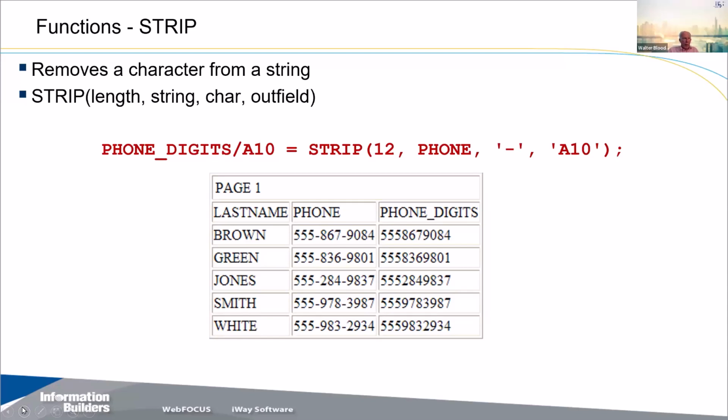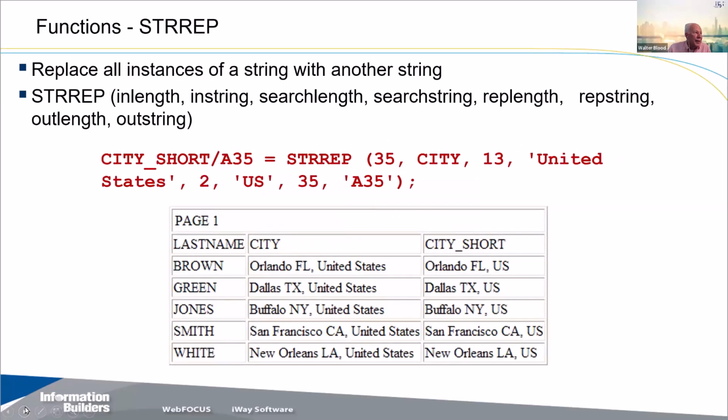It could either be the name of the field or the size, the format of the field. In this case, it's the format. But either way, STRIP is going to allow you to remove characters. You're knocking out the dashes in the telephone numbers because they're only going to create problems. Or that's what you think. So you have a very easy way to do that.